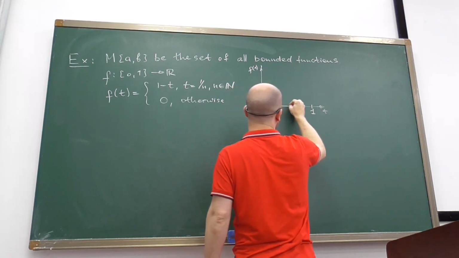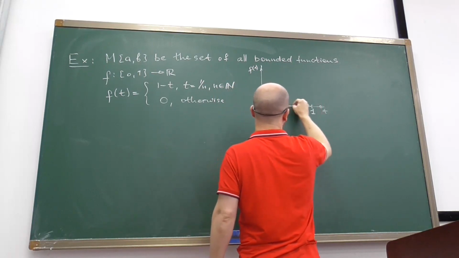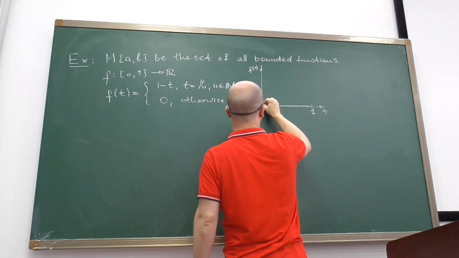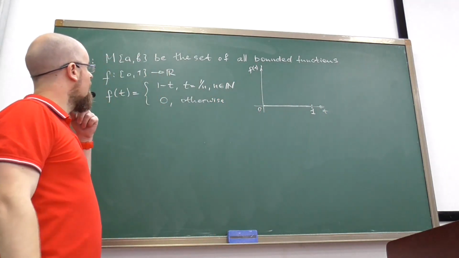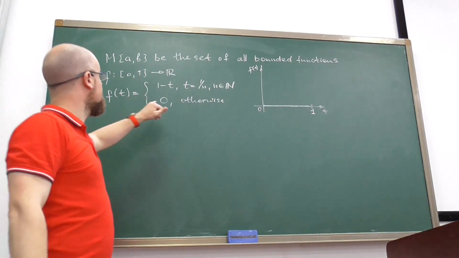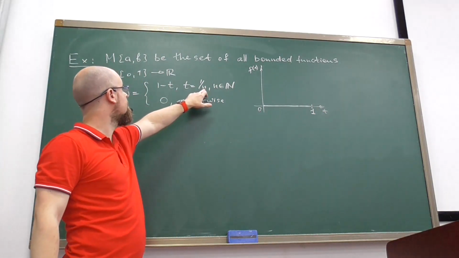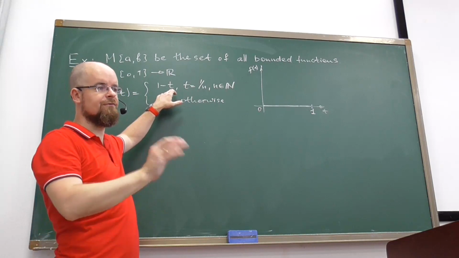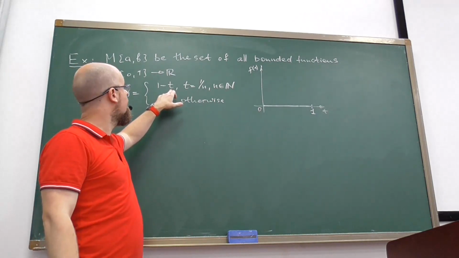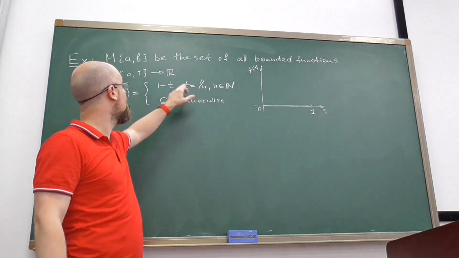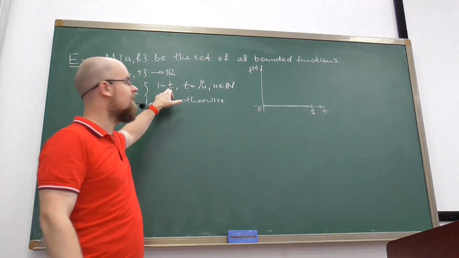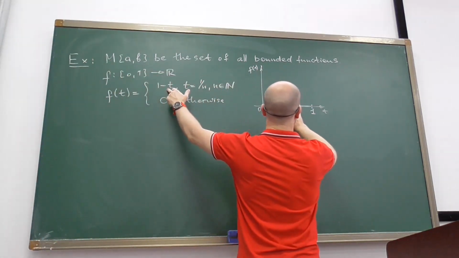First of all, it's 0 almost everywhere. When n is 1, then t is 1 and the function is 0. When n is 2, then t is a half and the value of the function is a half as well.